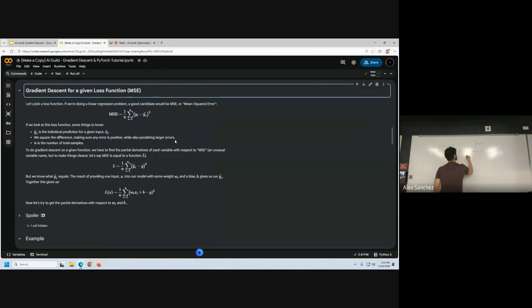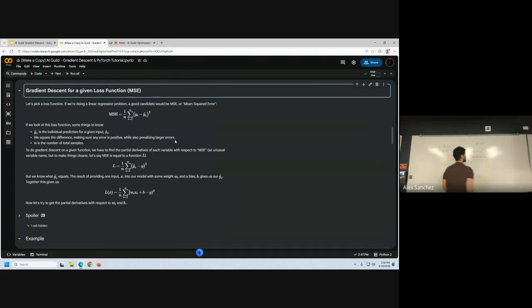We have 2 times 1 over n. Again, this is a summation. And then the a stays the same, so it's the prediction minus y, to the power of 1. But now we have to find the derivative of this internal function. Since we're doing this with respect to w, our internal function is wx, so what's the derivative with respect to w?